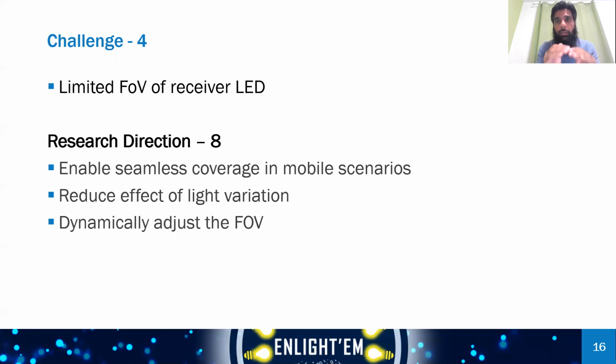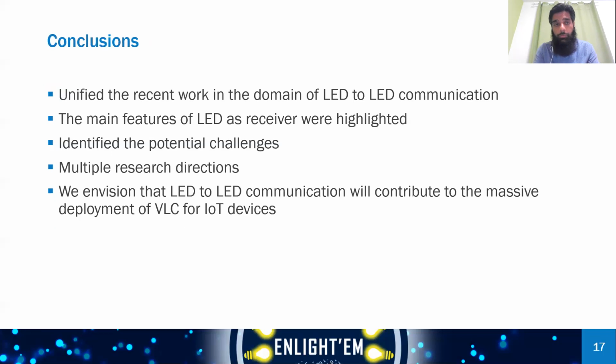In a scenario where the user is moving, it is not easy to keep the link alive when the user moves from one LED to another. So this is a very good potential research direction to enable seamless coverage in mobile scenarios and reduce the effect of light variations, and this can be done by dynamically adjusting the field of view.